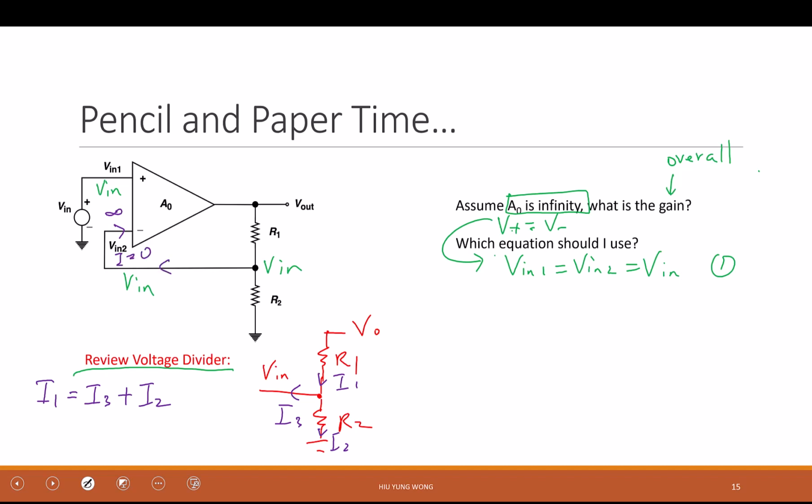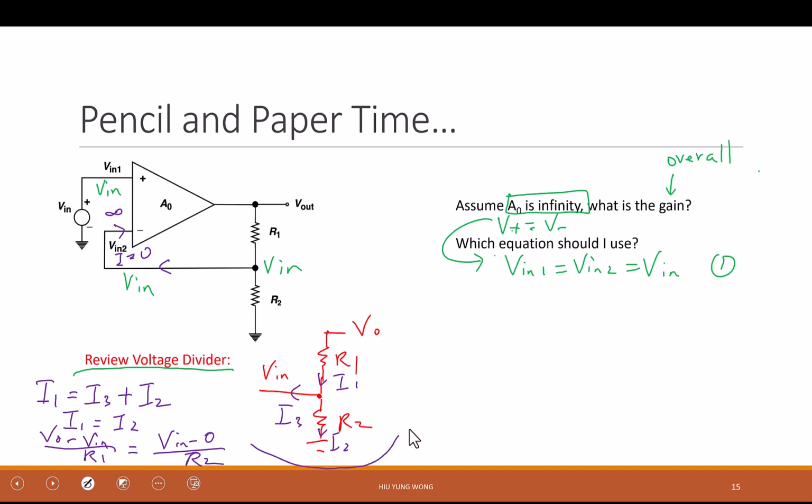And because of this, I1 equals I2. And then I start with Ohm's law: V out minus V in divided by R1 equals V in minus 0 divided by R2. Do you see this?